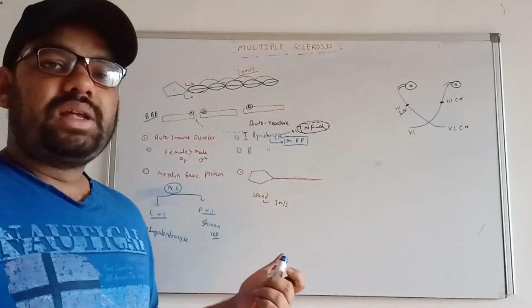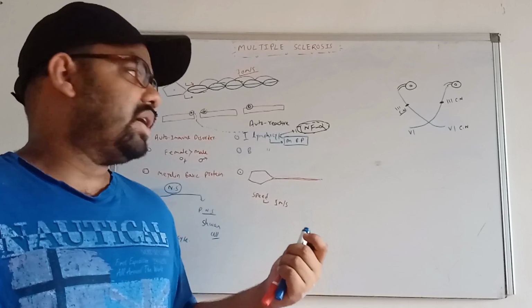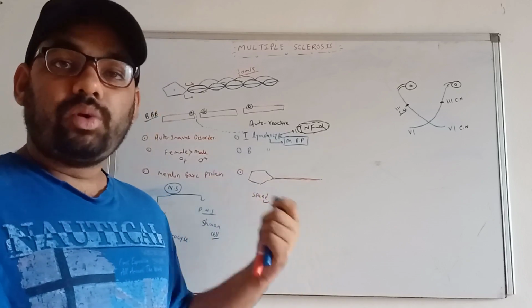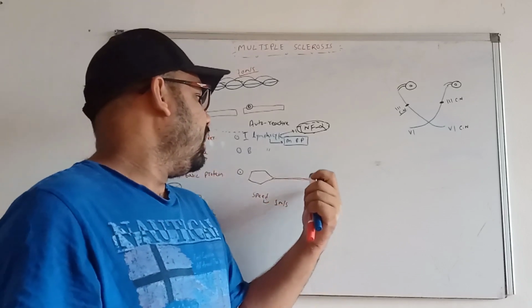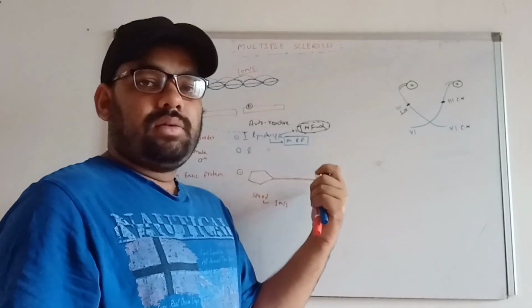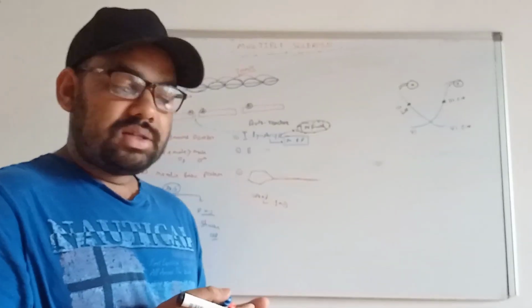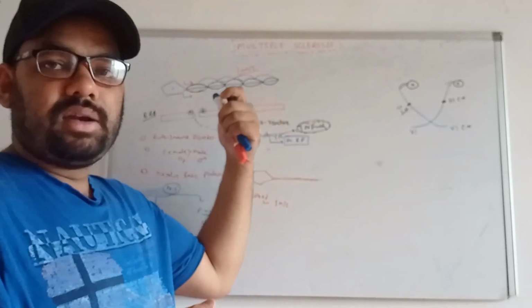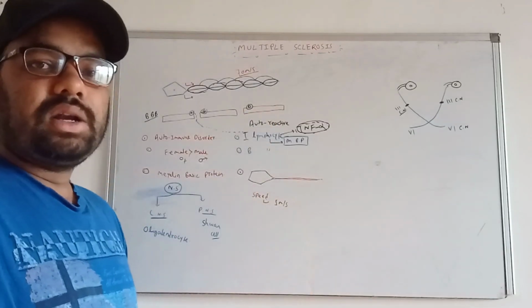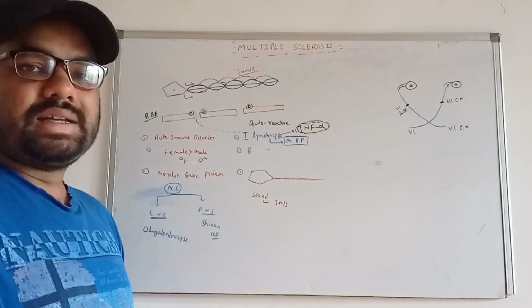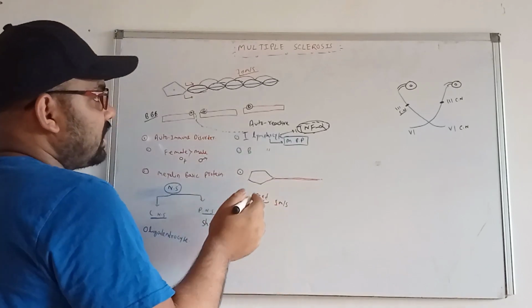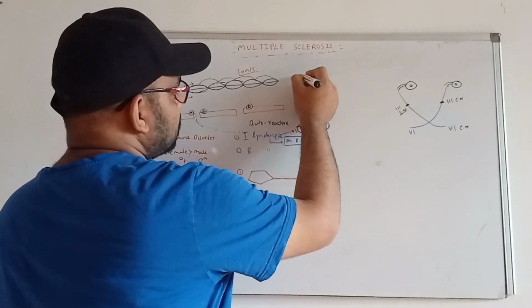So here we get to see two kinds of damage. The products, or rather the chemoreactive products that come from the T cells, will first damage the myelin sheath, that is the myelin fiber over here. Along with that, it will also cause damage to the what? Axon. So here we will see damage to two portions.